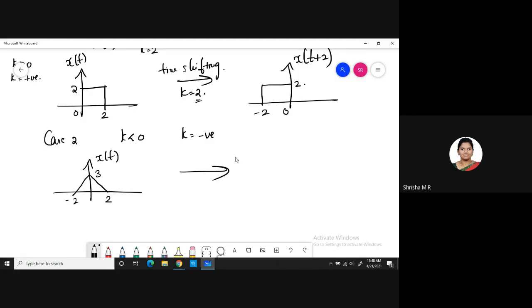I time shift it with k equal to minus 2. So what happens? The signal starts from 0 to 4, ma'am. Yes, the signal will be right shifted. That means if k is negative, the signal occurs 2 seconds late, or it is delayed by 2 seconds. Fine. So if x of t is your original signal and you time shift it by k equal to minus 2, it will be x of t minus 2.